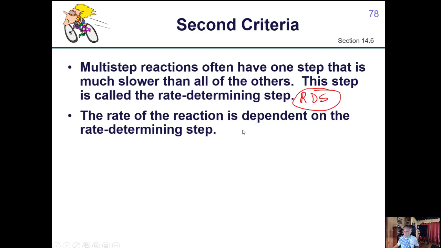Think about it this way. If I go to the grocery store, and my shopping is really simple, so I know exactly where I'm going in the grocery store, get my stuff, and then I go to the rate determining step in the grocery store, and that is the checkout aisle.